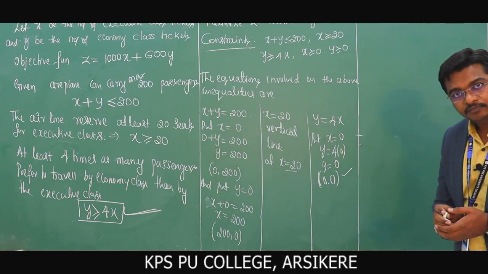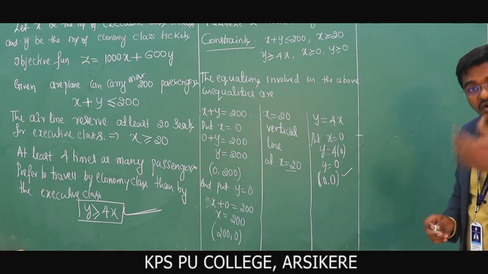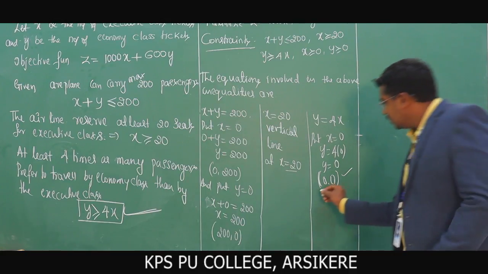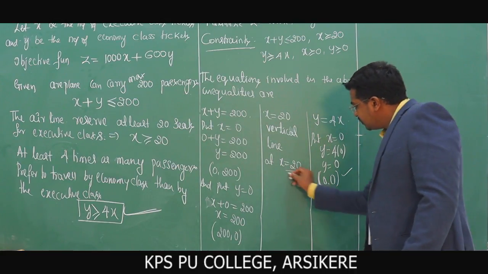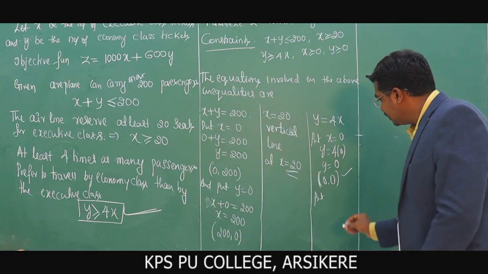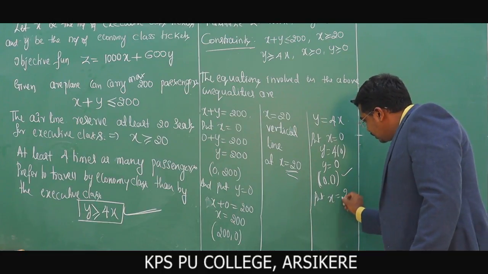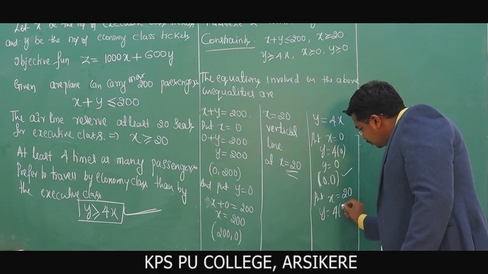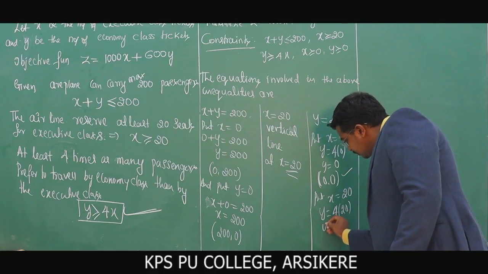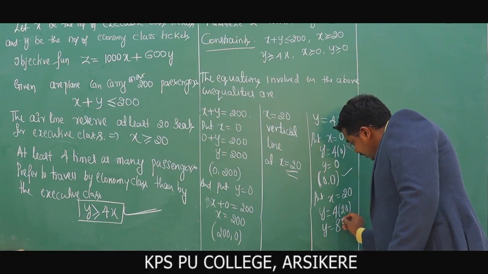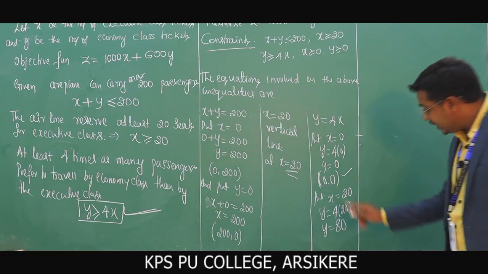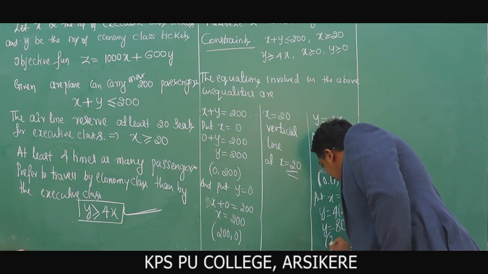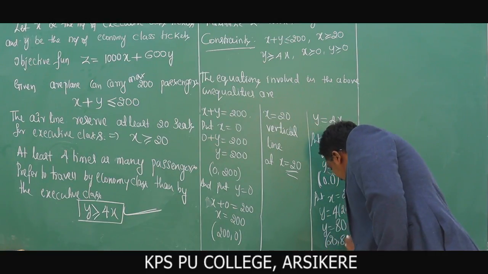Put x is equal to 20 here. Then y is equal to 4 into 20, that becomes y is equal to 80. When x is equal to 20, y becomes 80. So the corresponding point is 20, 80.